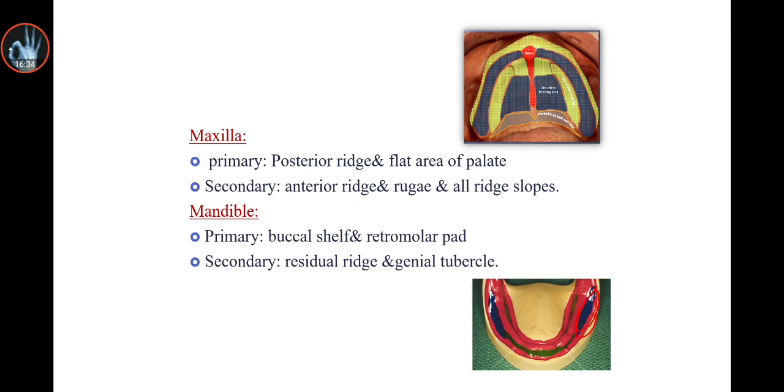Okay, this is the buccal shelf. There is a depression here on the mandible, like a hollow here that we call the buccal shelf. And the retromolar bed is this place here. Okay, this is the retromolar bed and this is the buccal shelf.